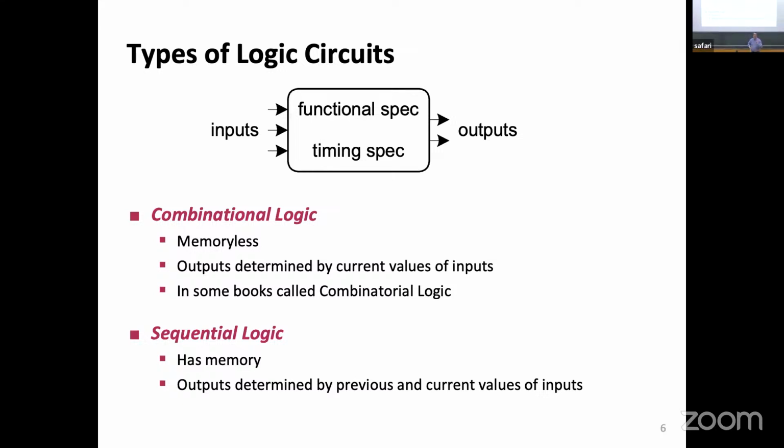There's a tiny difference, and the tiny difference is the outputs are determined by current values of inputs, just like combinational logic, and all previous inputs. These are like vindictive circuits, right? They remember. They have a memory. Yesterday you told me so. Whereas combinational logic, you know, very easy, very simple.